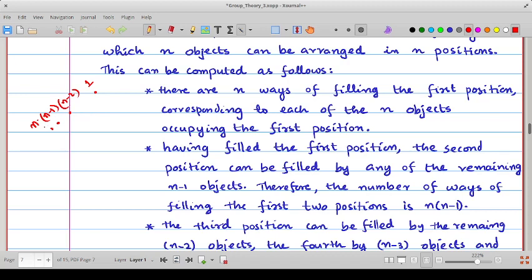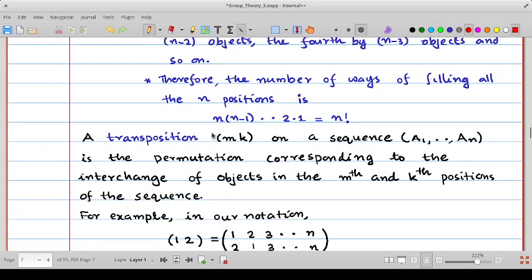We can see that the total number of arrangements will be equal to the product of these: n times n minus 1 times n minus 2 and so on up to 1, which is nothing but n factorial. So there are n factorial distinct arrangements of these n distinct objects, and therefore there are n factorial permutations of n objects.